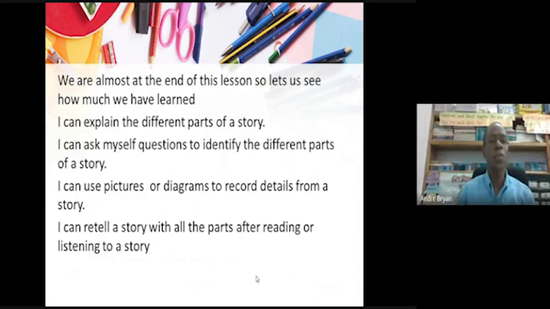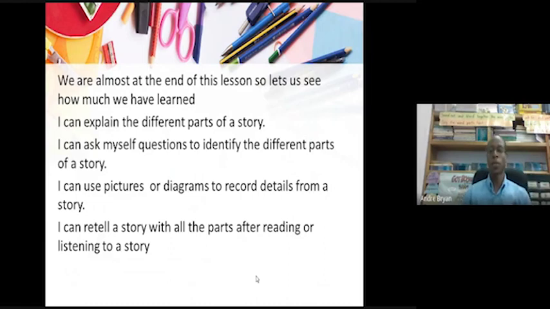I can ask myself questions to identify the different parts of a story. I can use pictures or diagrams to record details from a story. I can retell a story with all the parts after reading or listening to the story. If you can say yes to all of those I can statements, then give yourselves a round of applause.